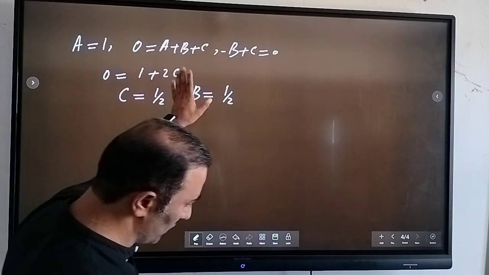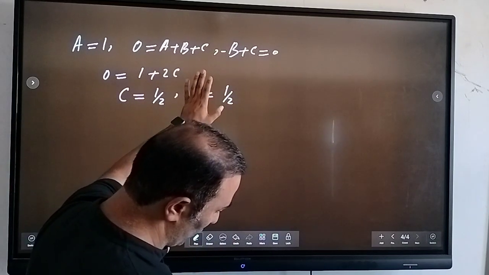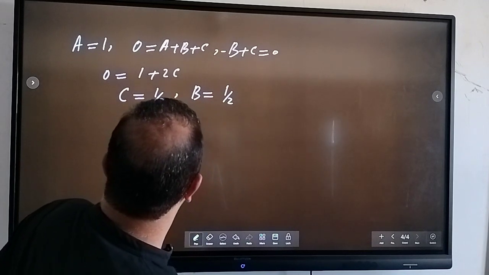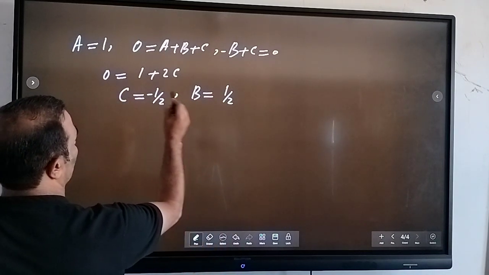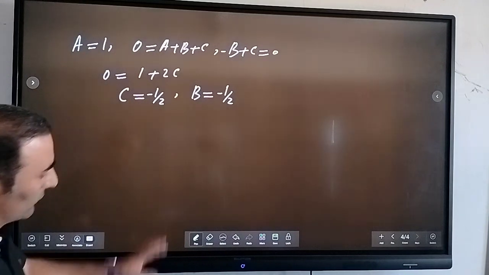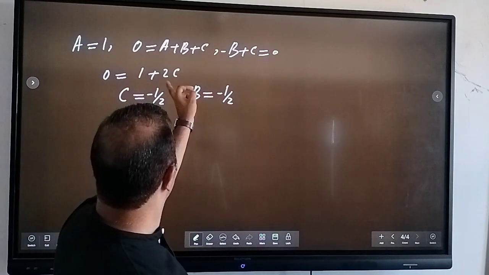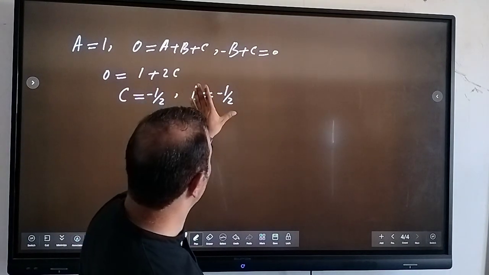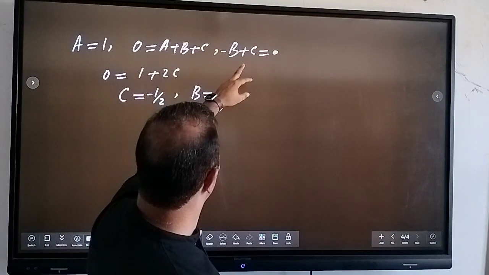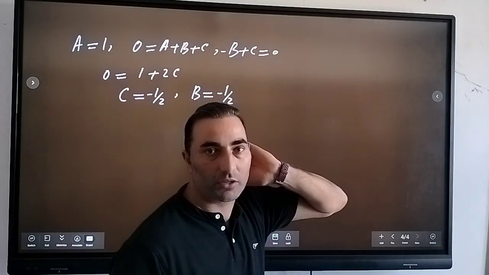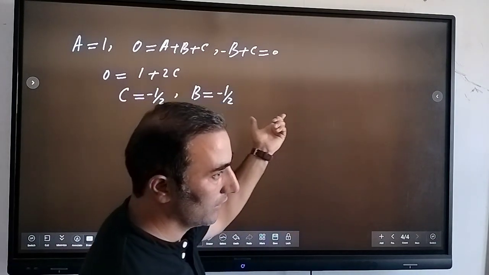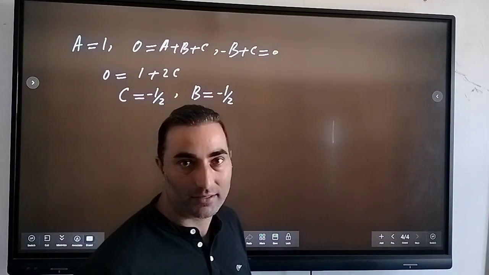So c will be minus 1 by 2. Similarly, instead of b equal to minus c, put c equal to minus b. In both cases you will get the b as well as the c value.